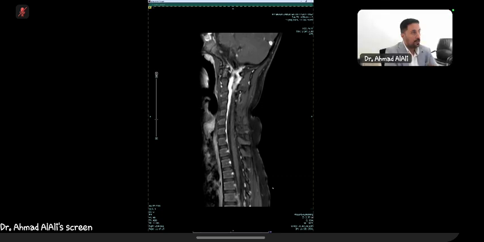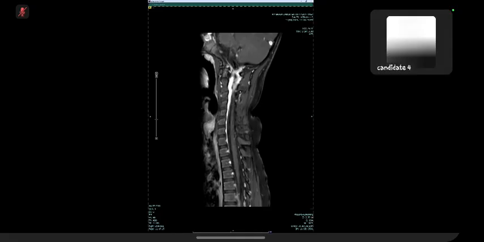Right, yes. Perfect. Thank you, candidate three. Just one question. You asked for MRI with contrast for the whole spine. Are you aware of any lesions in the spine that can cause drop metastatic deposits like that, or does it only come from the brain? Spinal lesions in a young patient.